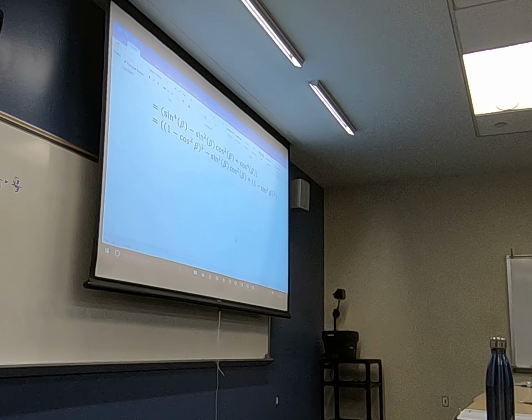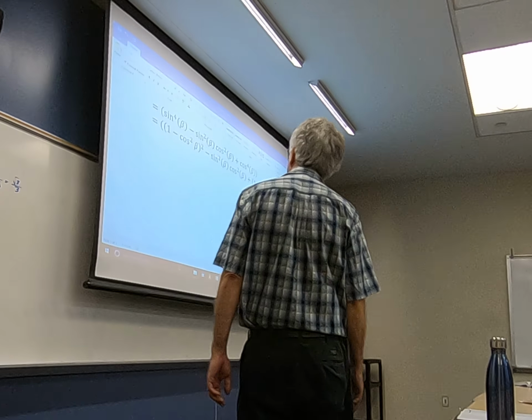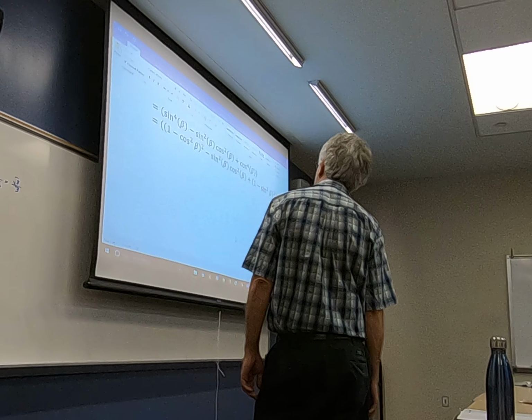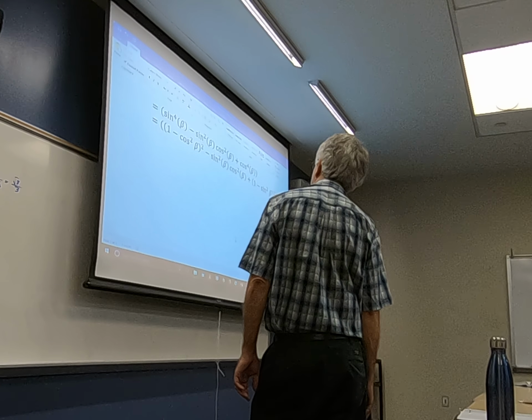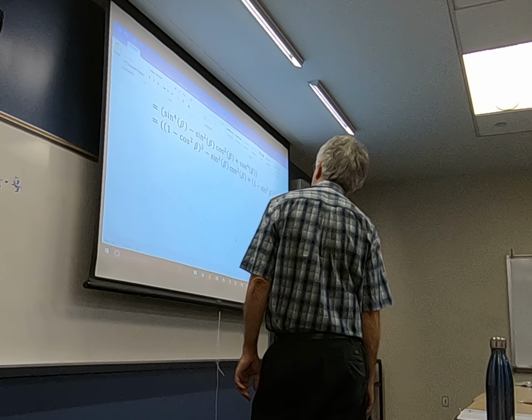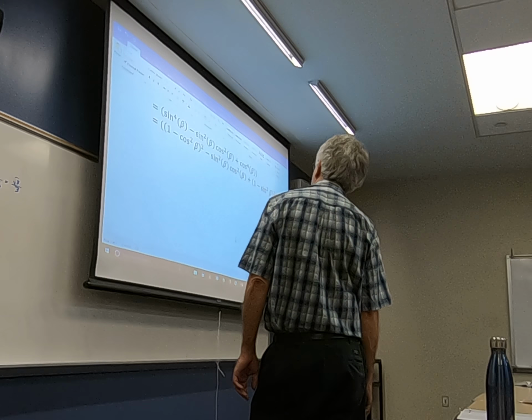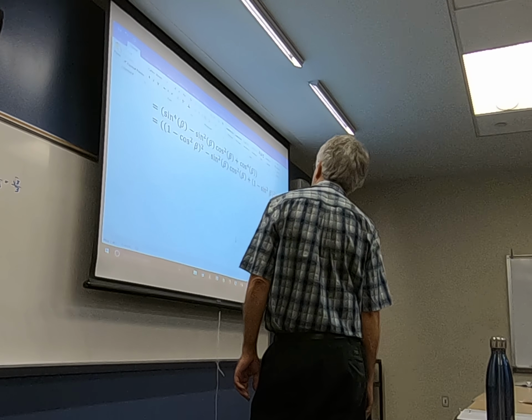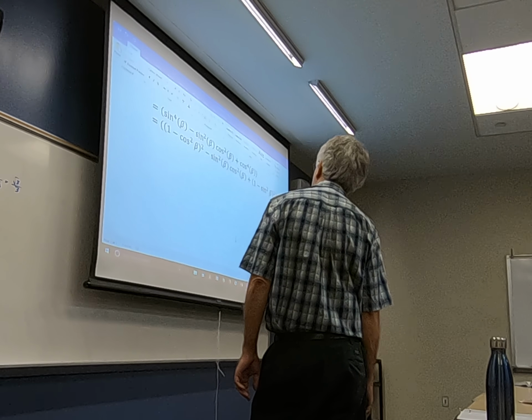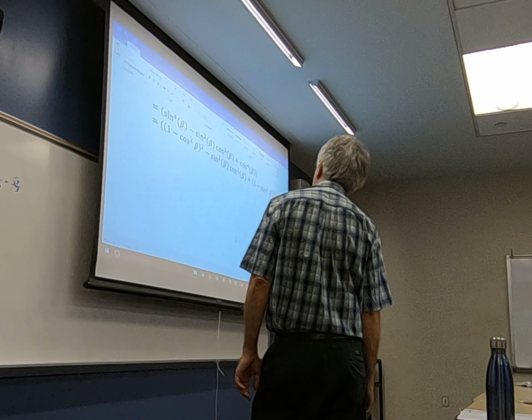So if I expand that out, I'll have 1 minus twice cosine squared plus cosine to the fourth. Plus cosine to the fourth. Okay, I'm stumped.